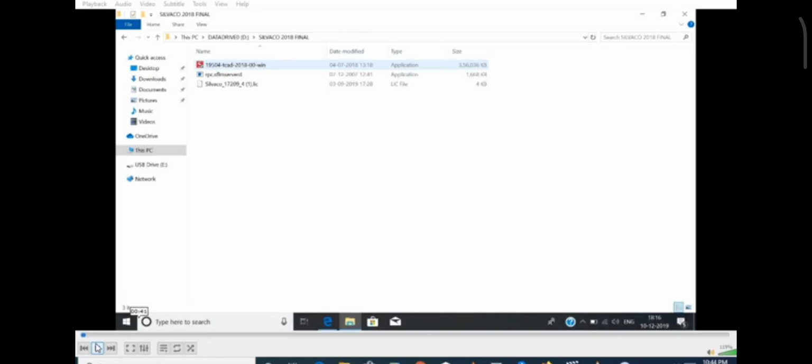Double click on this setup file to run and install, and wait for the processing.